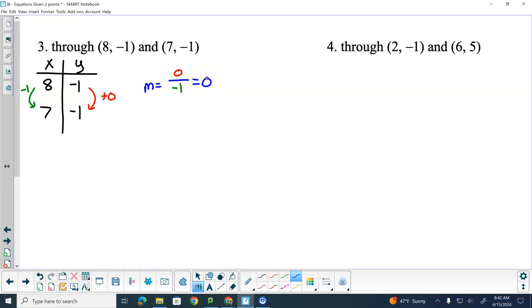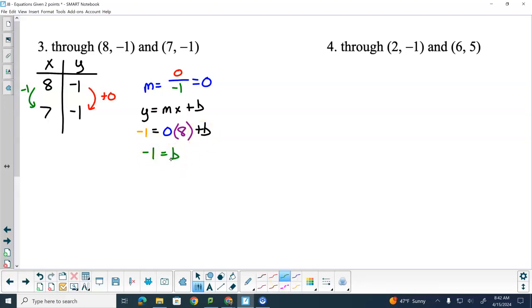Slopes that are zeros, right? Those are our Hoy lines. So they're just going to be y equals. If you didn't remember that they're the Hoy lines, then you do y equals mx plus b, and then you would say negative 1 equals 0 times either 8 or 7 plus b, and you would get negative 1 is equal to b.